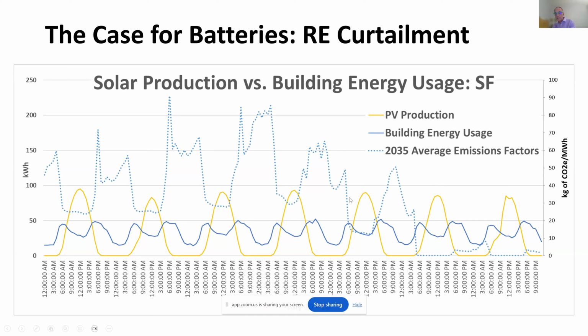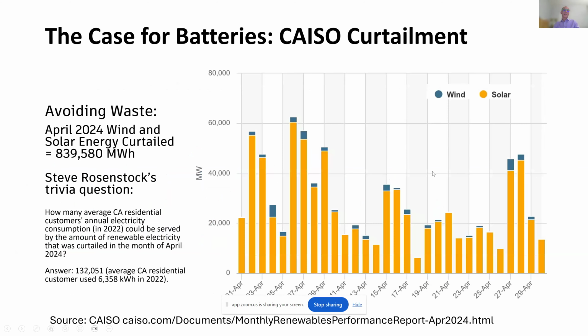And so dumping this excess solar doesn't do the grid any benefit. This is what we saw in April in California. In the California Independent System Operator's grid, we saw over 800,000 megawatt hours curtailed of wind and solar because we had no place to use it and store it. And that number grows every year because we keep installing more solar and more wind and don't always have a place to put it.